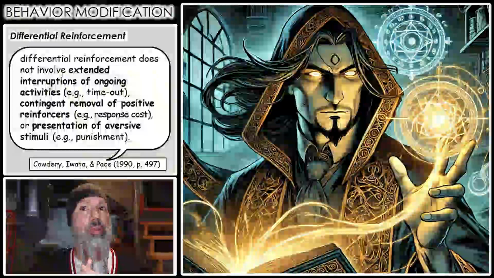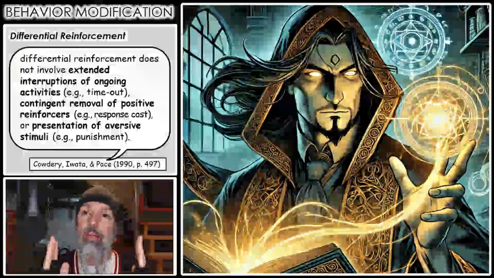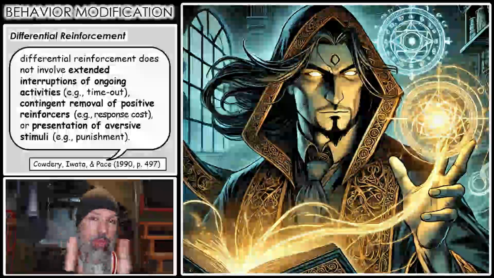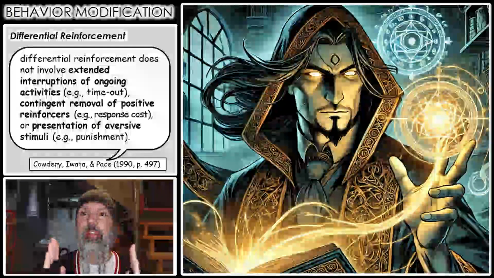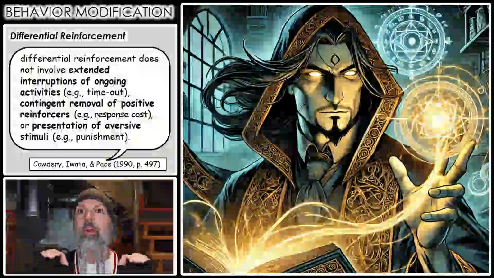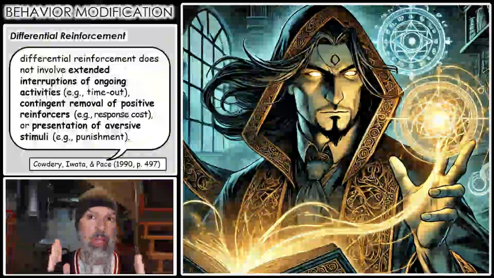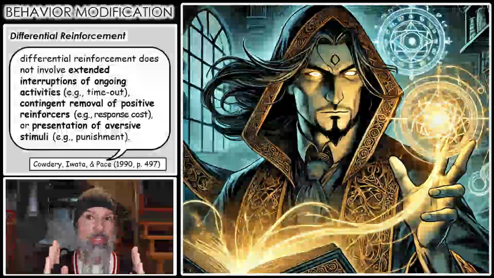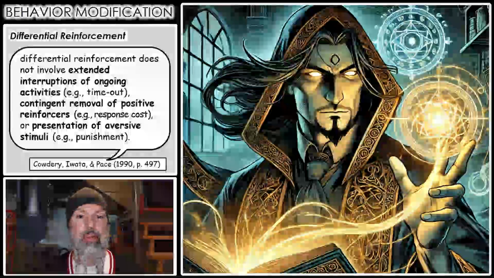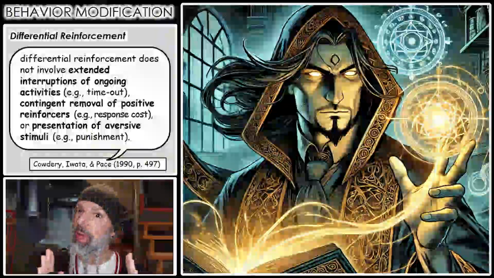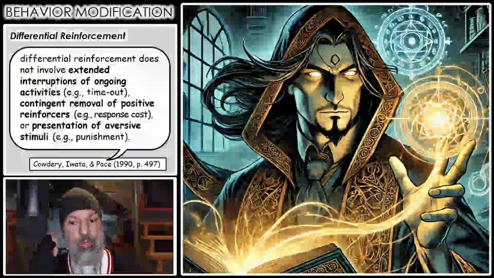For differential reinforcement of other behavior, any other behavior is fine so long as the problem behavior does not occur during a specified time period. That person earns a reinforcer regardless of what they're doing during that time period. So as long as that problem behavior is absent during a time period, then the reinforcement is delivered. So whatever other behavior they're doing is fine. They can still earn those reinforcers.